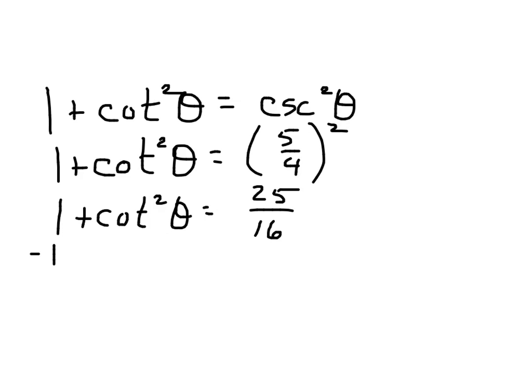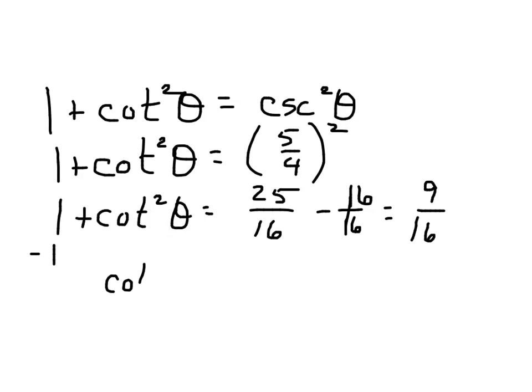Subtract 1. How do you add and subtract fractions? What is the denominator right now of the 1? It is 1, right? So what do you multiply it by, Allie, to give me 16? So it ends up being 16 over 16. What's 25 minus 16? 9. And what's the bottom? Good.